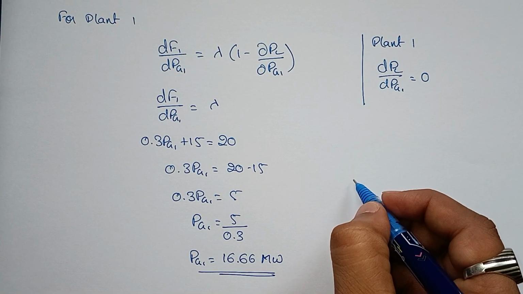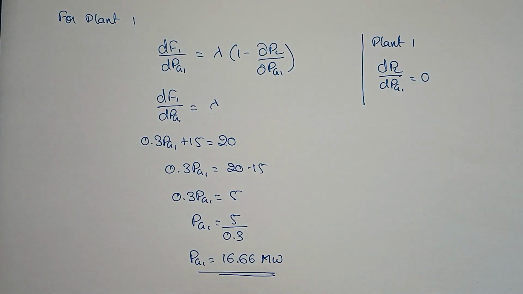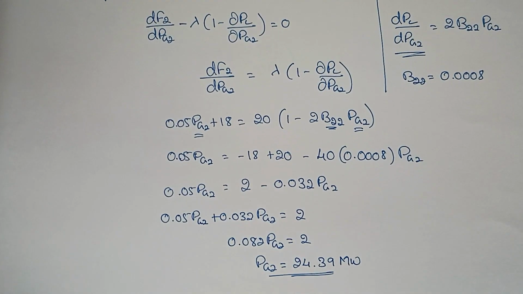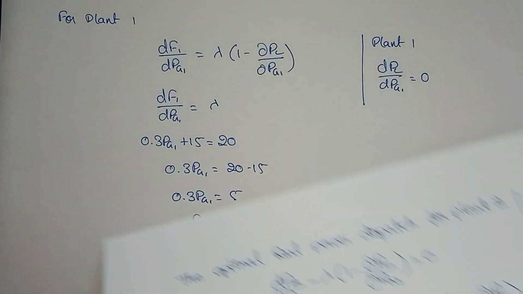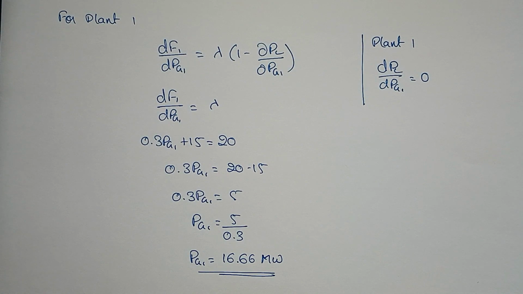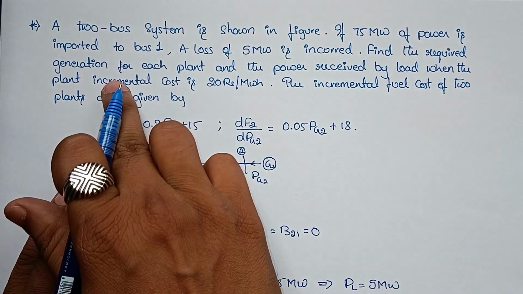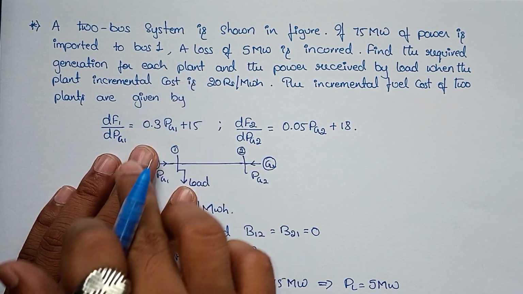Now we got the value of Pg1 as 16.66 megawatt, and Pg2 we calculated as 24.39 megawatt. As in the question, they asked to find the required generation for each plant, that's Pg1 and Pg2.